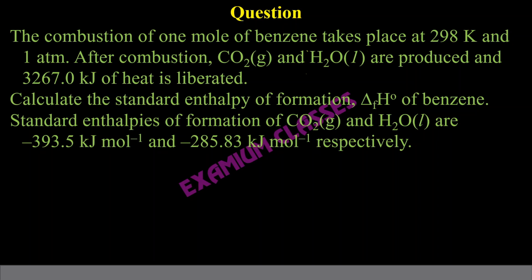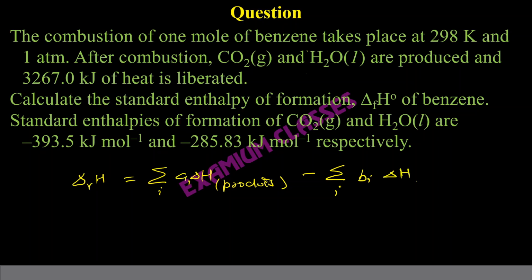Otherwise, if it is not mentioned that you have to do it by Hess law, you can use the formula that the reaction enthalpy is given by the sum of the enthalpies of formation of products multiplied by their stoichiometric coefficients minus the sum of enthalpies of reactants multiplied by their stoichiometric coefficients.